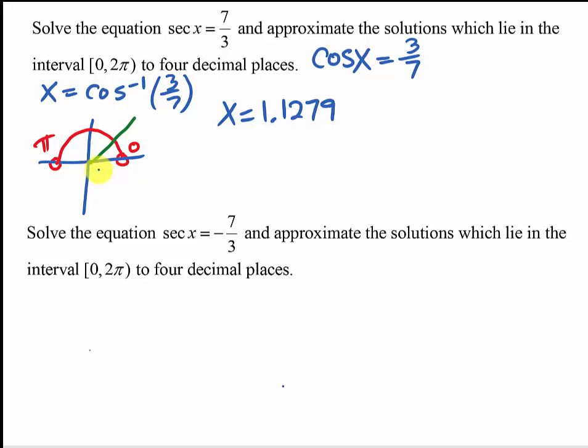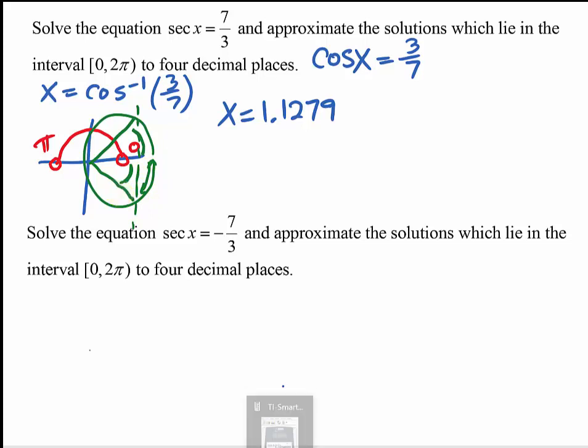a positive cosine? And that would be here in quadrant 4, that has the cosine the same value of 3/7. And so how would I get at that angle? Well, I have this angle here, which is the same as this angle here. So if I did 2 pi and then minus that angle, I would have the angle I need.